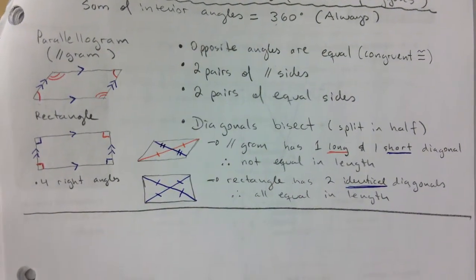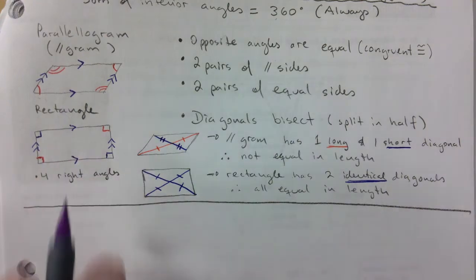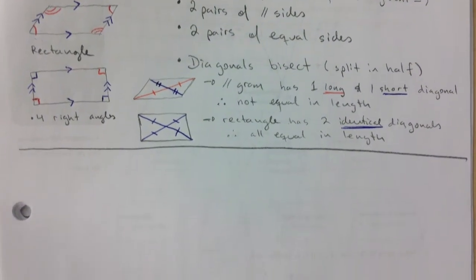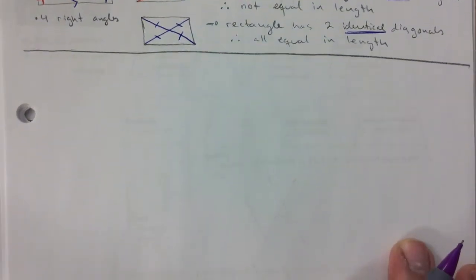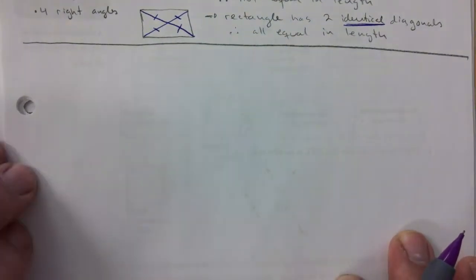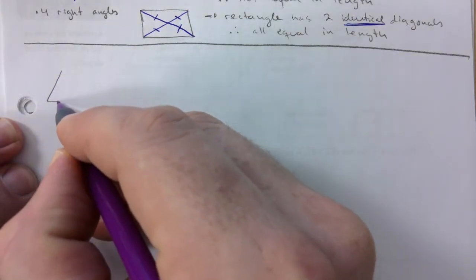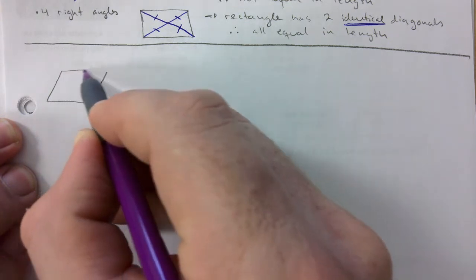So next, I'm going to approach it in a similar way as these two. Okay. I have a rhombus. It is basically a square, a slanted square.